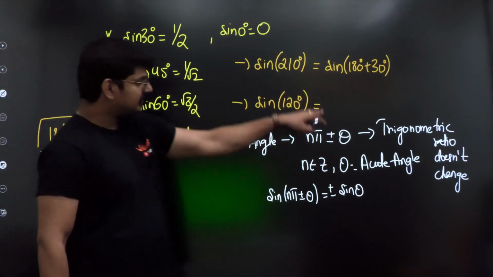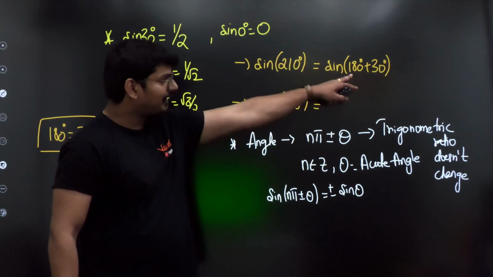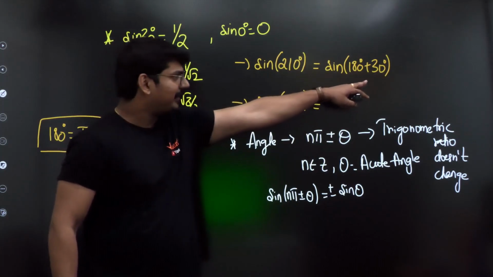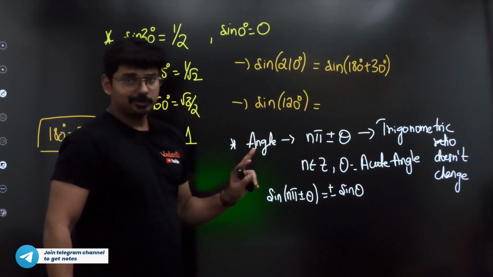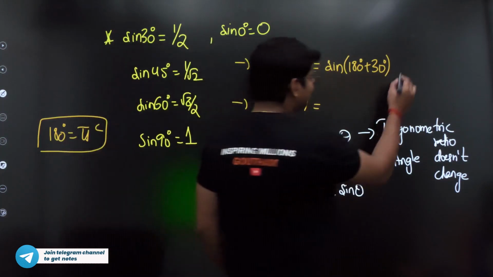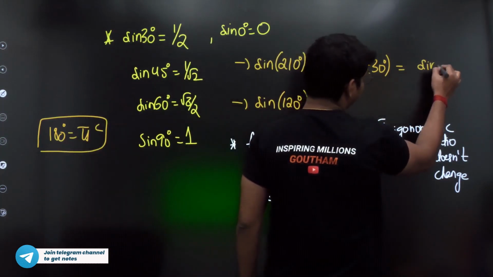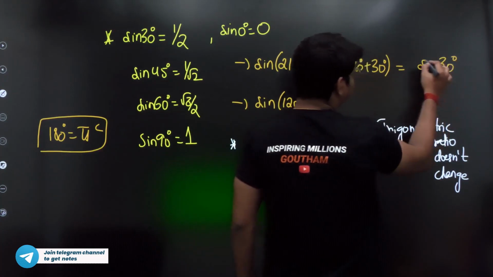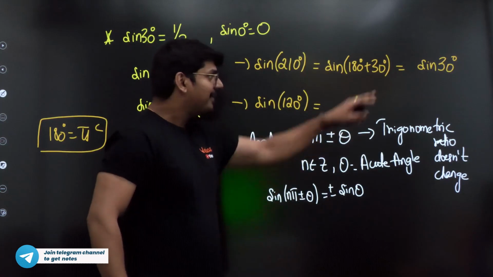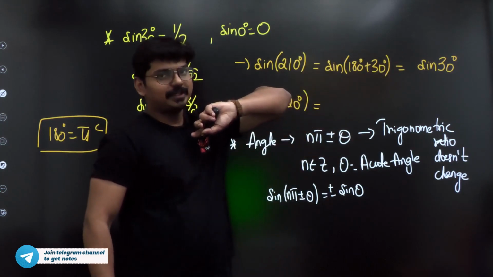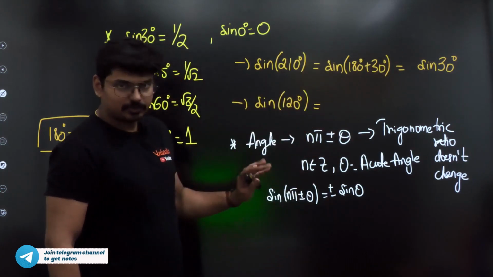So this is the n pi plus or minus theta format, where theta is acute and this is pi. So what I told you, this can be directly written as sine 30. And whether it's going to be plus or minus, I'll tell you how you decide whether this will be plus sine 30 or minus sine 30. But I hope this is clear for you.